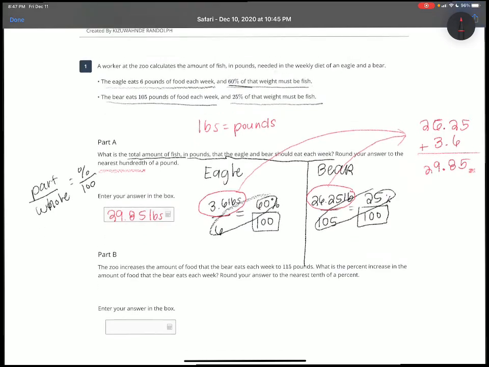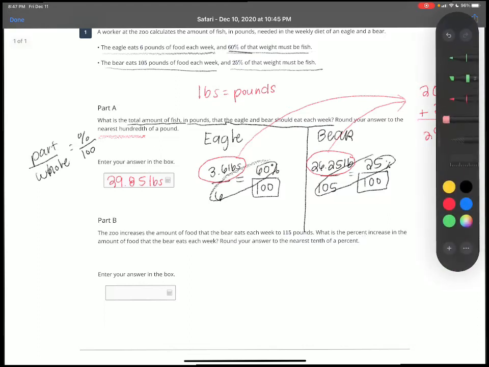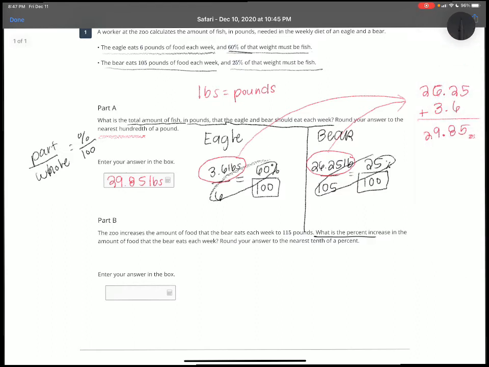Now, they said the zoo increases the amount of food that the bear eats each week to 115 pounds. What is the percent increase in the amount of food that the bear eats each week? So they're looking for the percent increase. There are two ways we could do this.